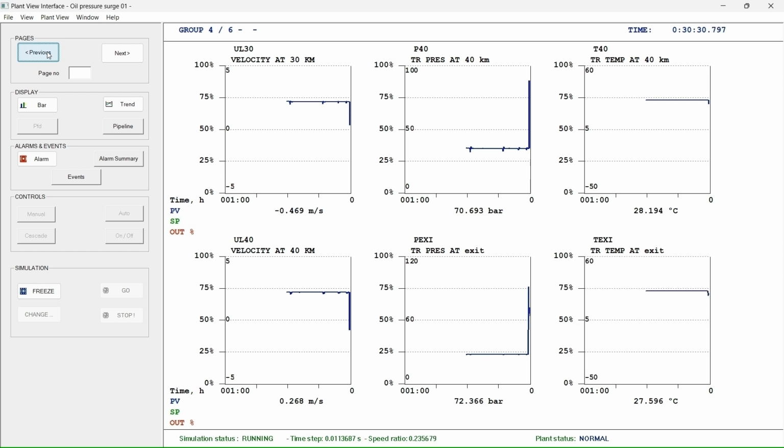At 30 seconds after the valve closure the internal pipeline pressure is around 72 bar.